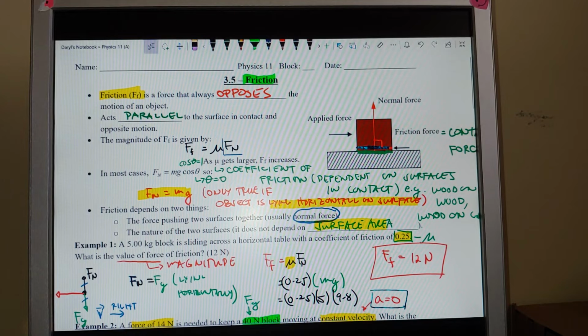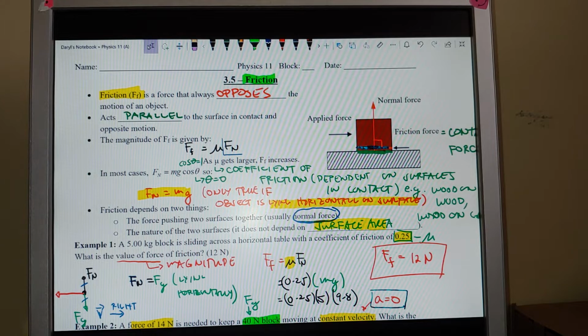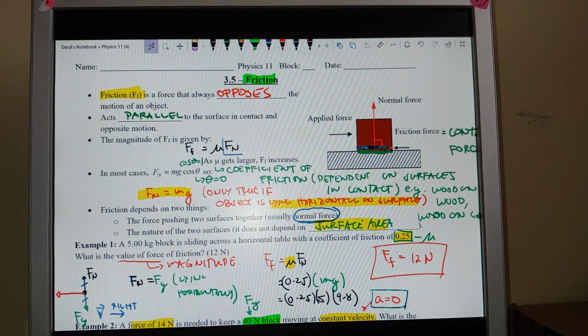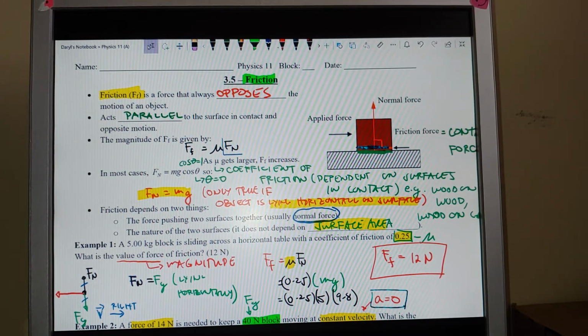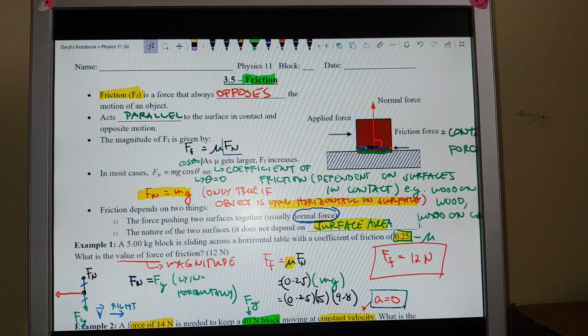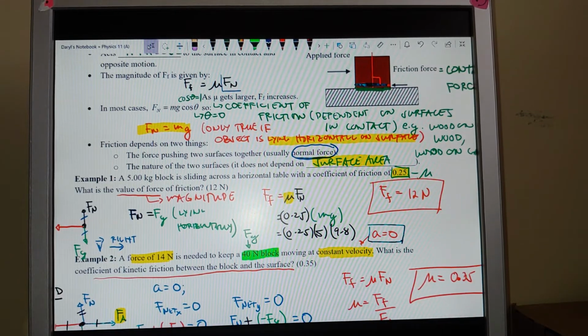Mu gives you the idea of the type of surfaces in contact, and Fn gives you the factor by which the two surfaces are pushing each other. So the magnitude of friction is only dependent on these two quantities. It is not dependent on the surface area.